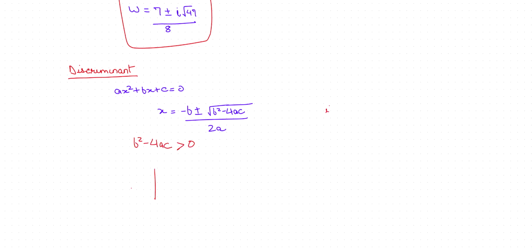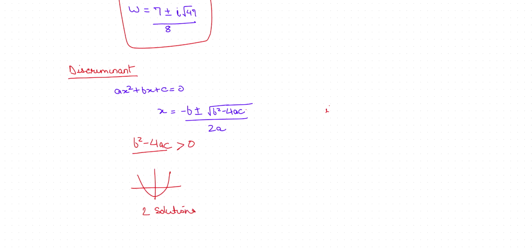It will cut the x-axis twice, because this will be positive and there will be no i. So it will have two solutions when this discriminant is greater than 0.